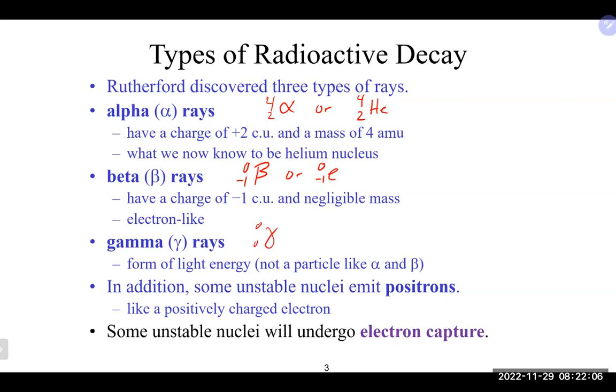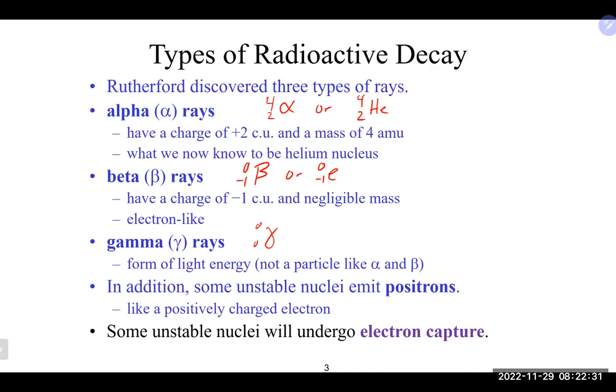If you remember from the electromagnetic spectrum, they are the furthest on the left. They have the shortest wavelength, which means they have the highest energy. These are equivalent to the particles that we find in an atom: positive, negative, and no charge, our protons, electrons, and neutrons.